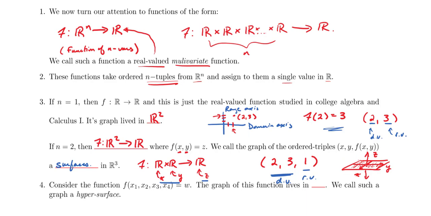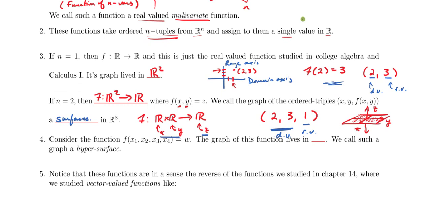So just to show how we can extend this, we could look at this function right here. By the way, this function is mapping from R4 to R, and we could represent it this way. And this graph then would live in what space? If we were to think about these ordered n-tuples, the ordered n-tuple would be x1, comma x2, comma x3, comma x4, comma w.